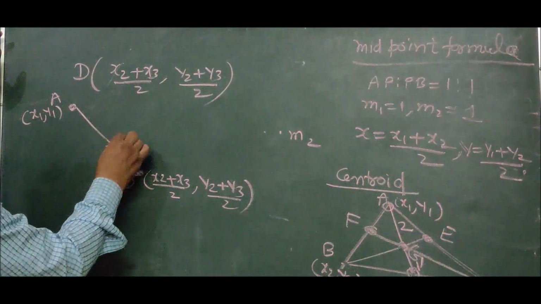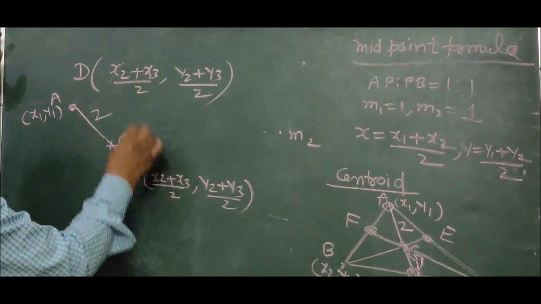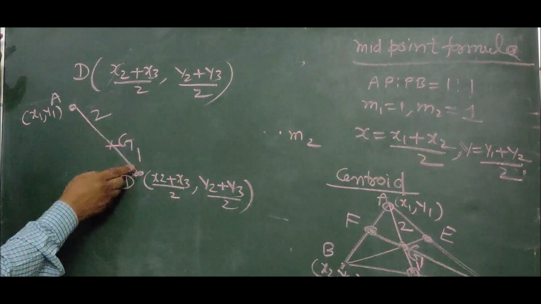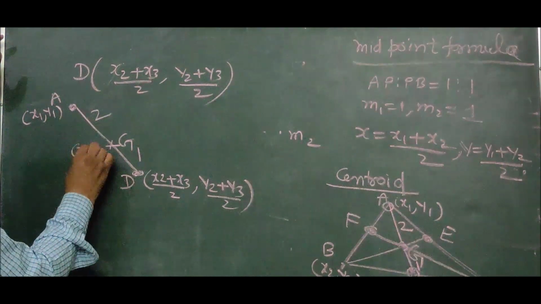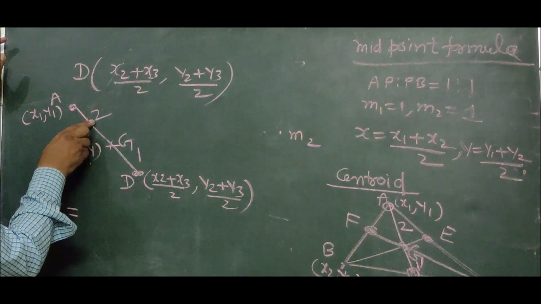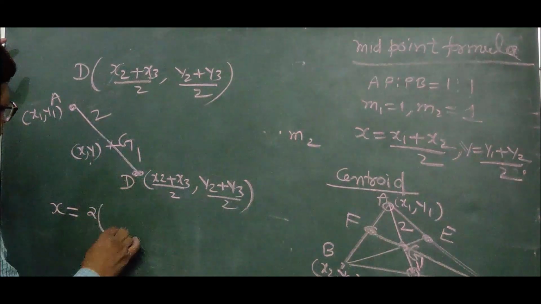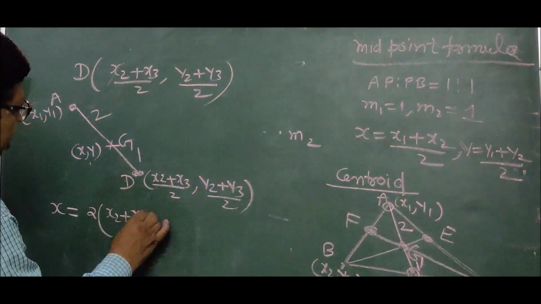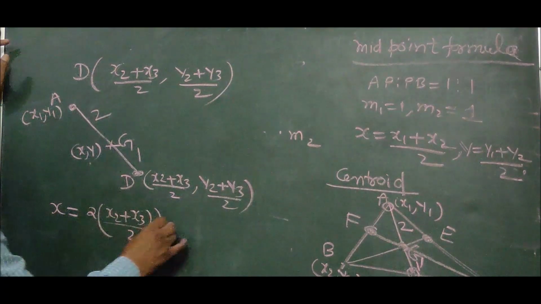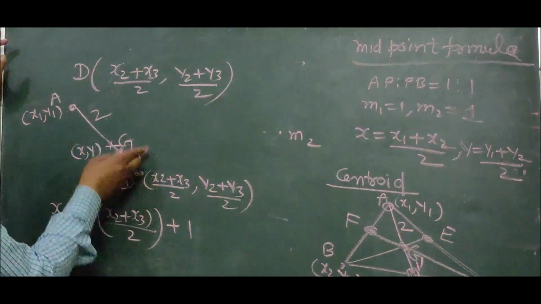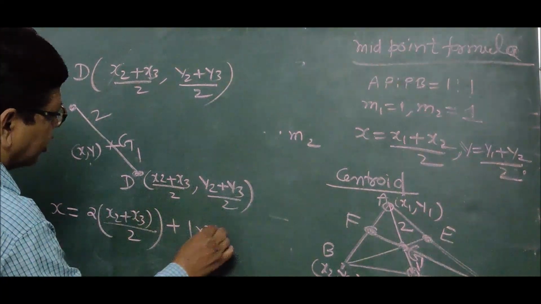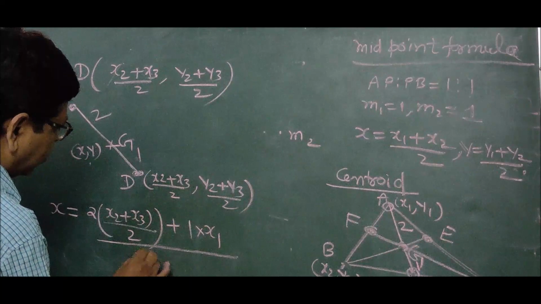Now G lies between A and D, and it divides it in the ratio 2:1. So now let us apply the section formula here. Let the coordinates of G point be x, y. Now x coordinate is equal to 2 into (x2 plus x3 upon 2) plus 1 into x1, upon 2 plus 1.